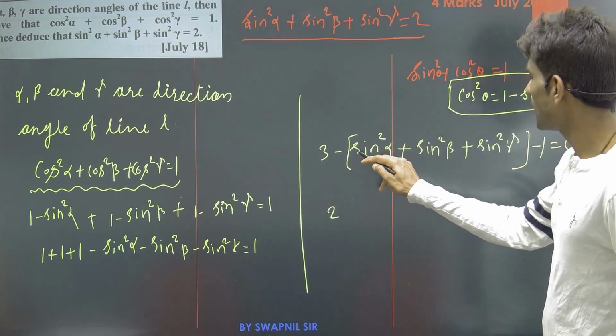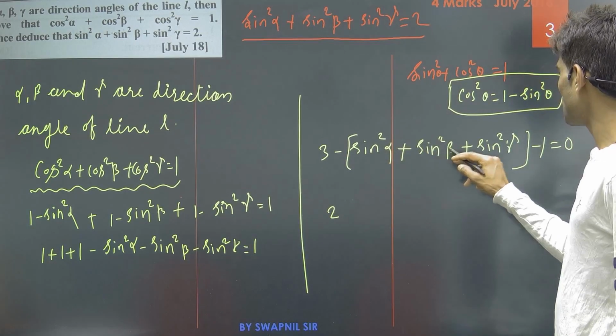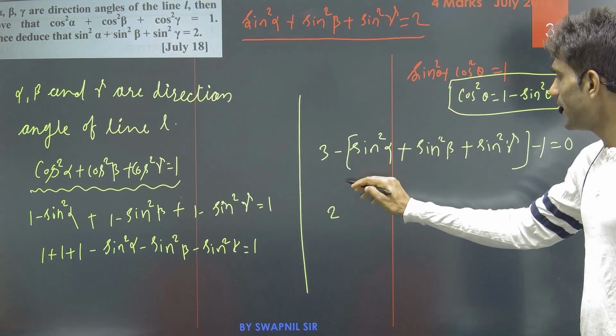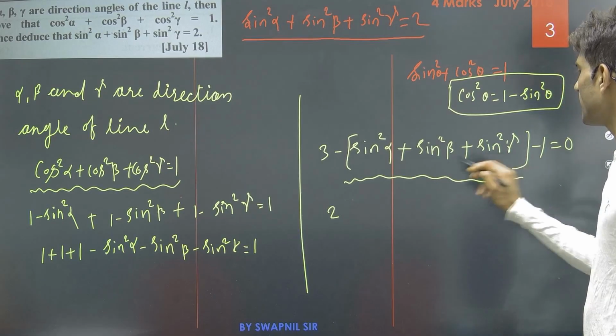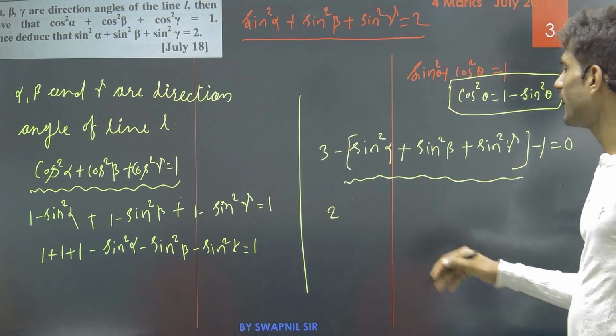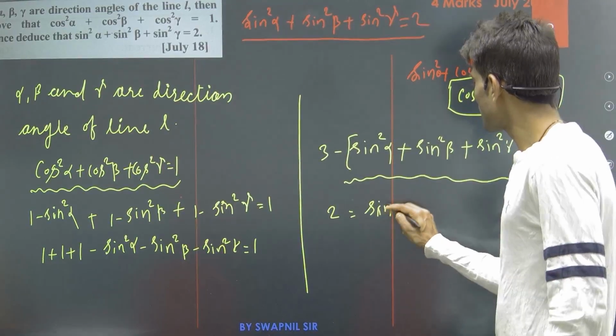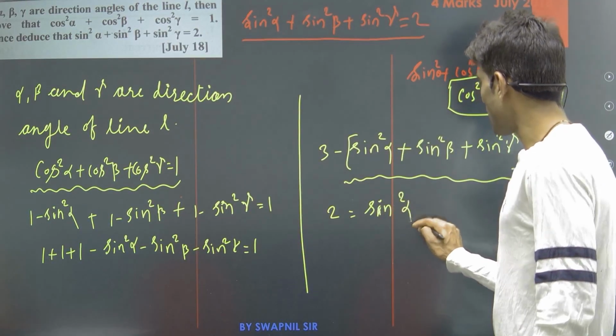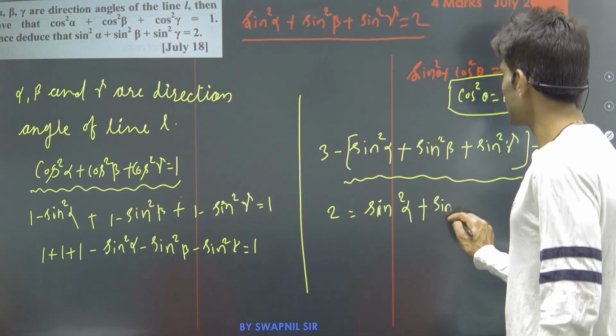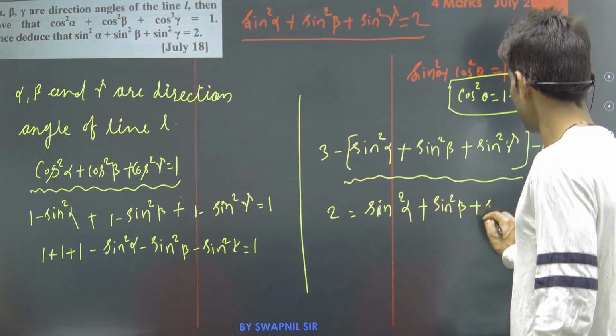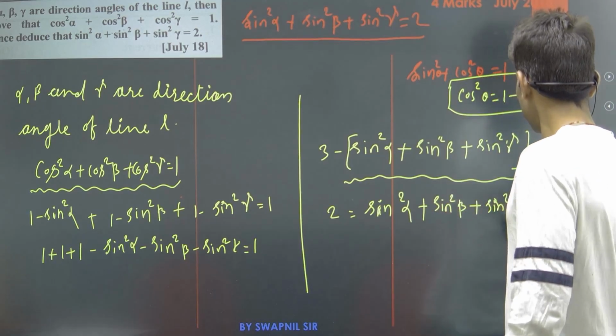Again we have minus of sine square alpha plus sine square beta plus sine square gamma. Take the negative of the entire bracket to the other side, and we can write this as sine square alpha plus sine square beta plus sine square gamma.